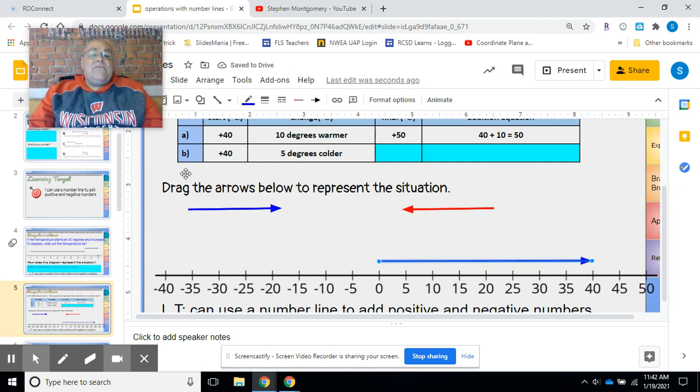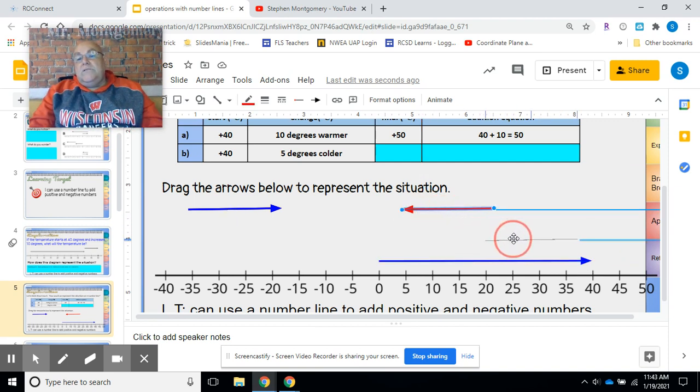Now that it's there, I have to look at the next thing. What's the situation that's happening? It's getting 5 degrees colder. Colder means getting negative, so I have to go to the left. The blue arrow is going to the right. The red one's going to the left. So I'm going to need that one. Like the other one, but instead of going to the right, it's going to start at the tip of the arrow and go to the left.